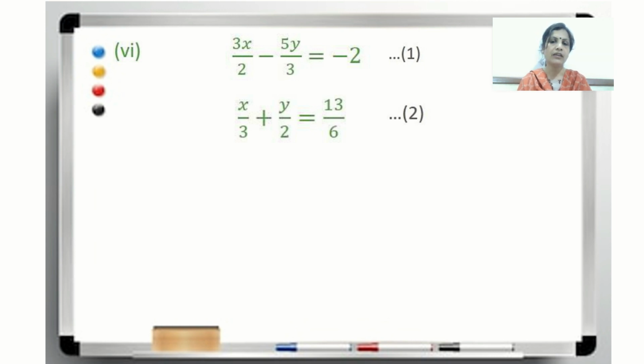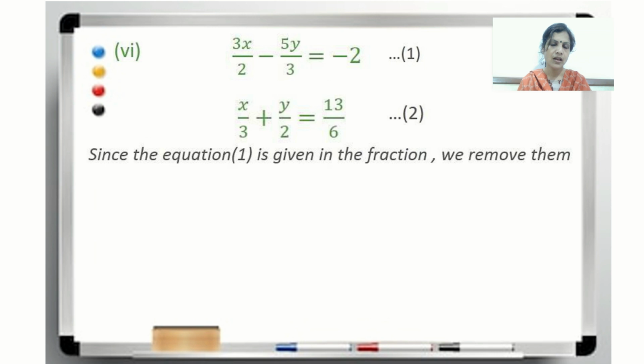Always keep in mind that when you are given a pair of linear equations in fractions, your first step will always be to remove the denominator from the equation. So how do we do that? Look at equation 1. We can do it by taking the LCM or we can do it by cross multiplication. So have a look at this, how will we do it? In equation number 1, we are solving it by cross multiplication.